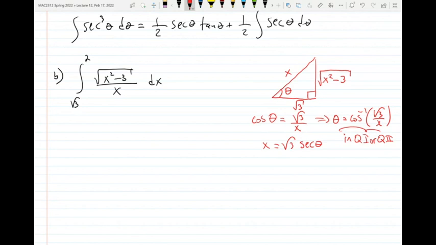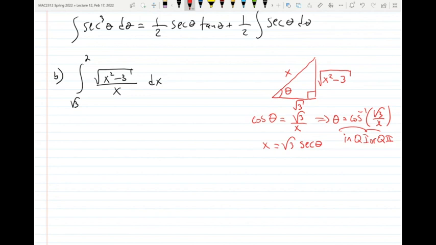Now I want you to tell me where it is. Because we know who x is. What do we know about x? x is between square root of 3 and 2, right? So x is positive. So when x is positive, you're doing the inverse cosine of something positive. The inverse cosine of something positive is in quadrant 1. If you do the inverse cosine of something negative, it's in quadrant 2.